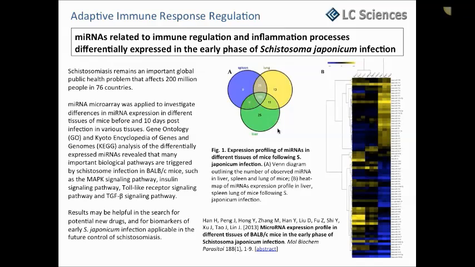Basically what was looked at here was the microRNA expression difference in tissue of mice before and 10 days post-infection. And they looked at the different tissues, the spleen, lung, and liver.